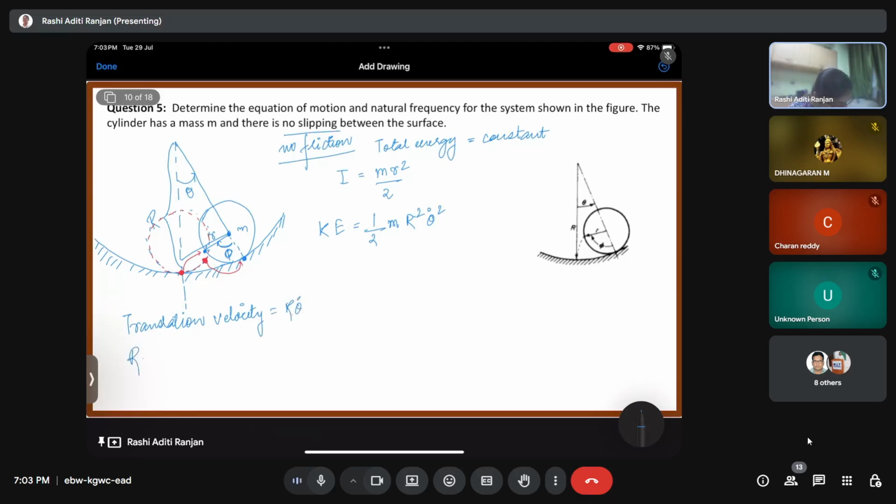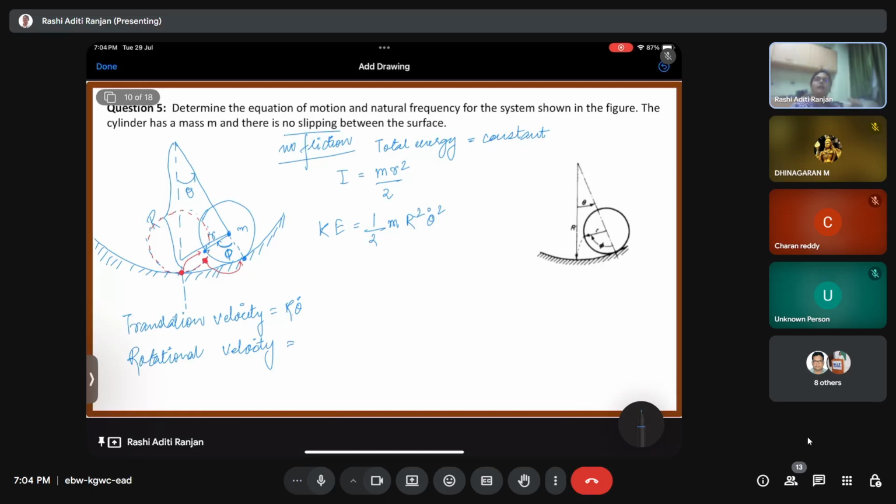Then we have a rotational velocity. It would seem easy to say that if this is phi, I should write small r into phi dot and square it for the kinetic energy. But that is not true in this case.